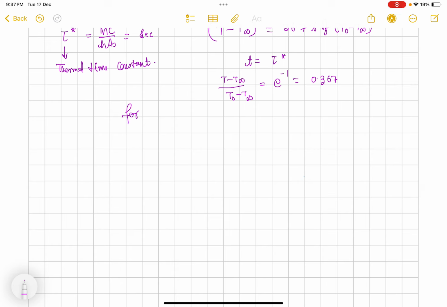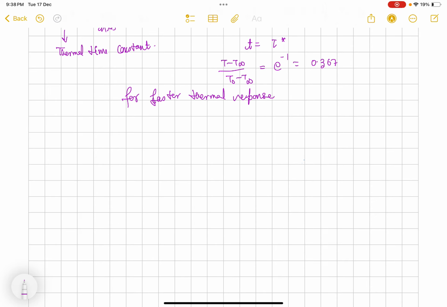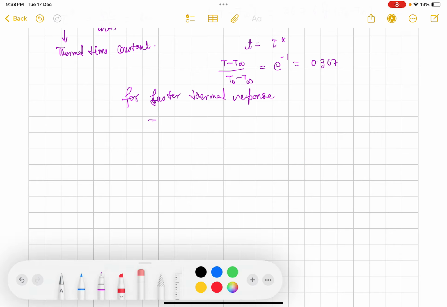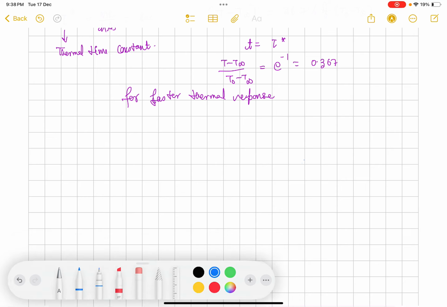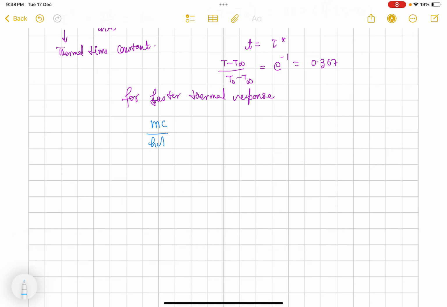So we can write, for faster thermal response, the ratio mc by hAs, which is nothing but the thermal time constant, should be as low as possible.